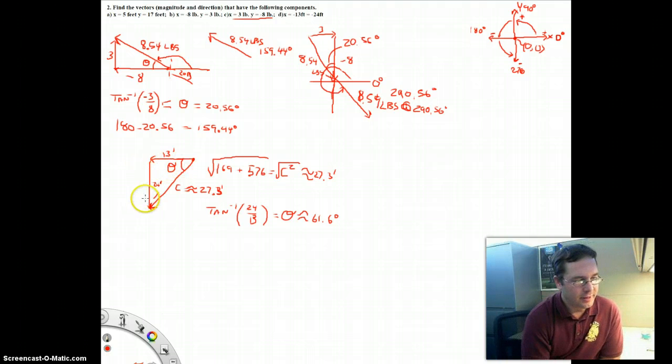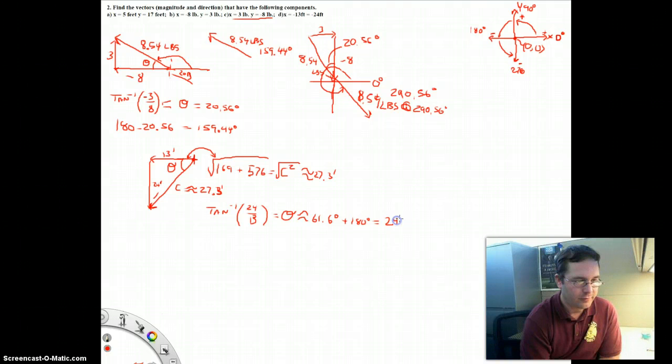So now you've got to think a little bit about where we are in the Cartesian plane. We're assuming that this is our starting point, which would be the origin. Well, that origin is 180 degrees from the 0 mark. So we have to add 180 to angle theta. So that plus 180 is going to give us the actual absolute heading of it, which is going to be 241.6.